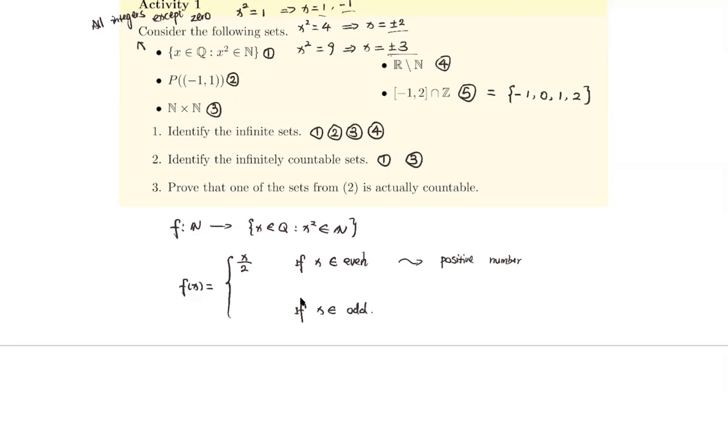Anyone has an idea? Let's say negative x plus 1 over 2. Would that work?